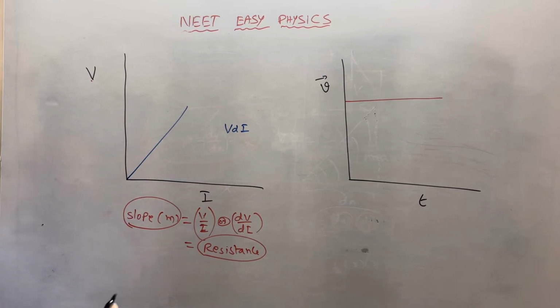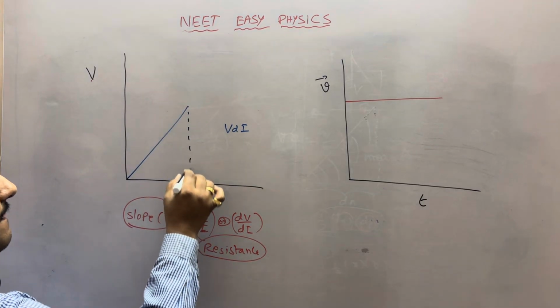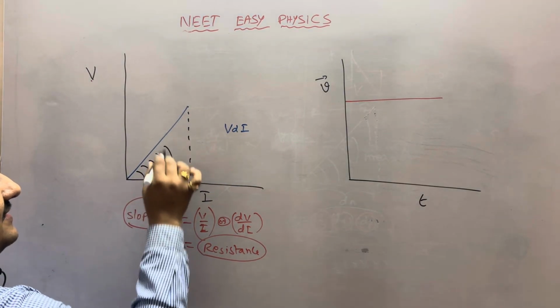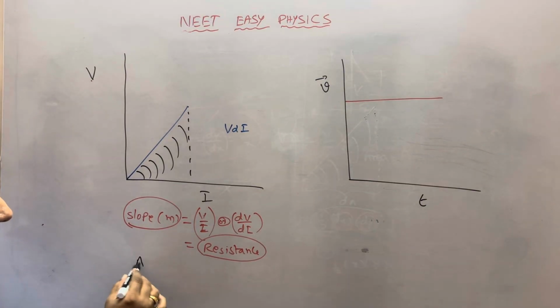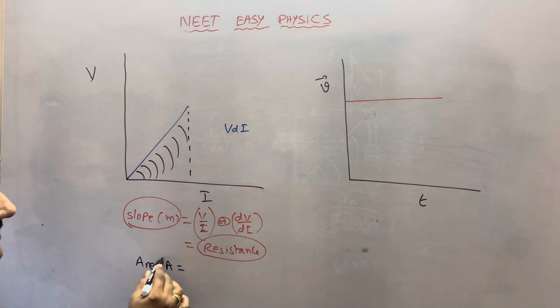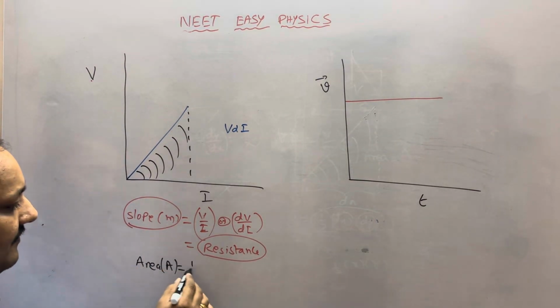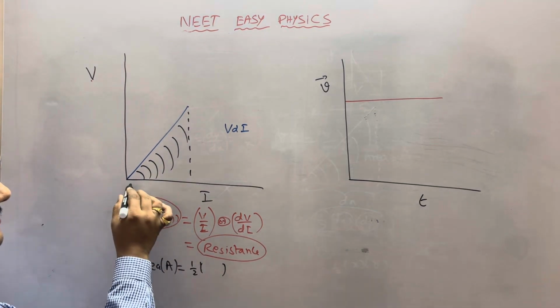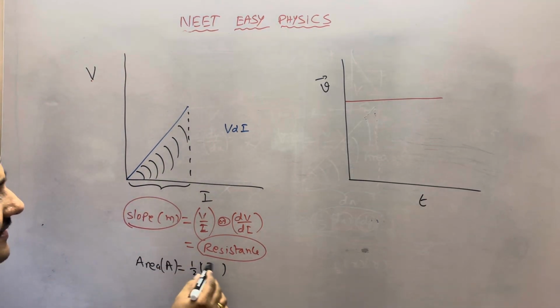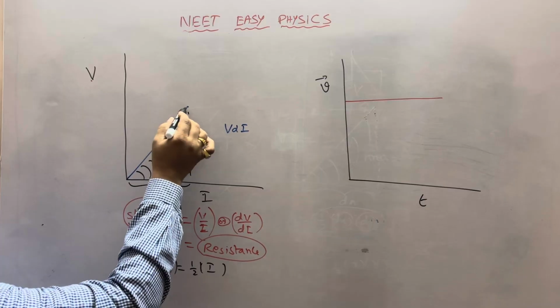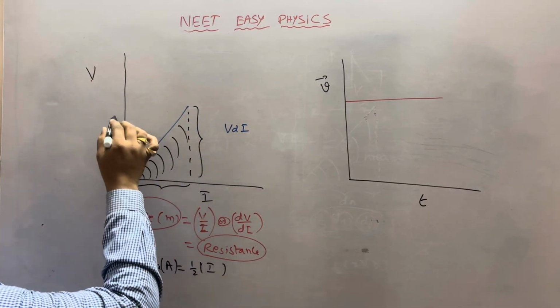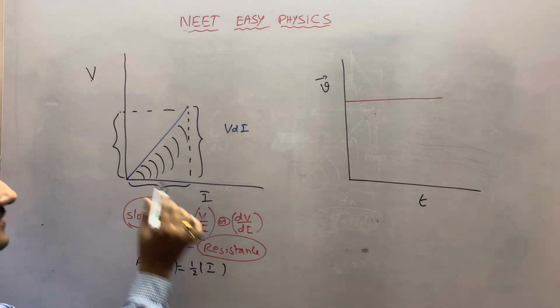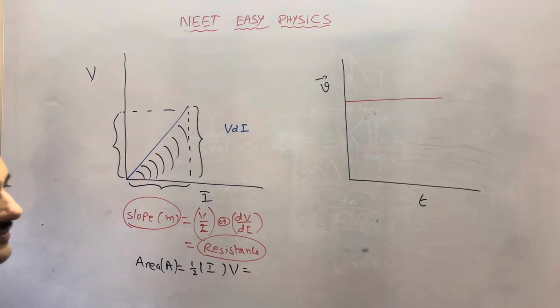Now what is the area going to give? Area is equal to half base into height. What is the base? Current value. What height is going to give? Voltage value.